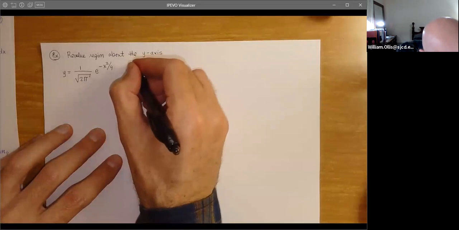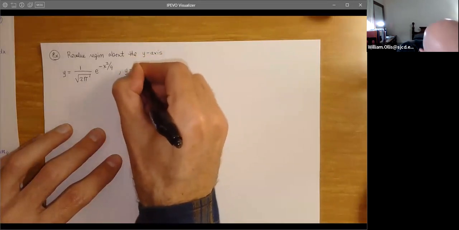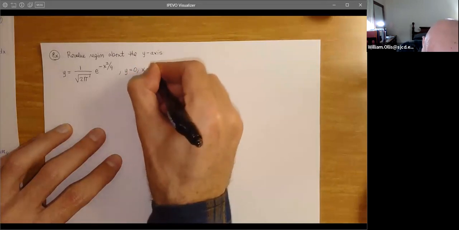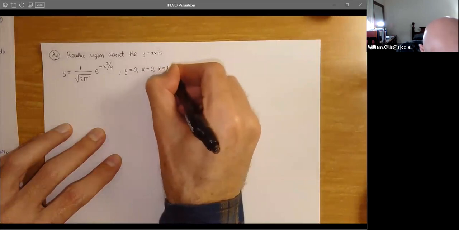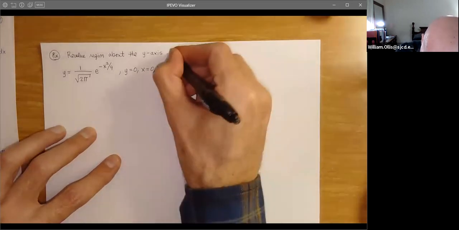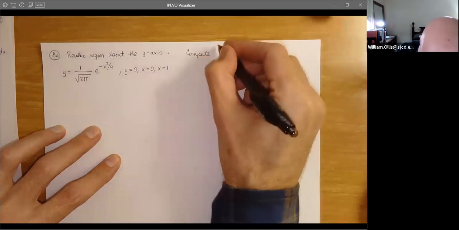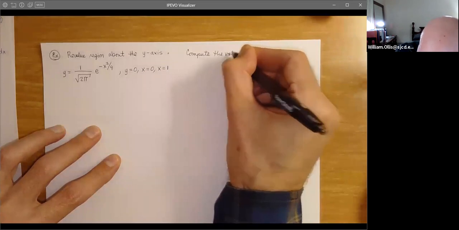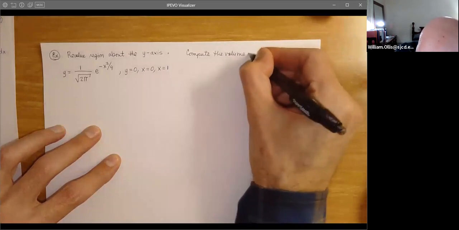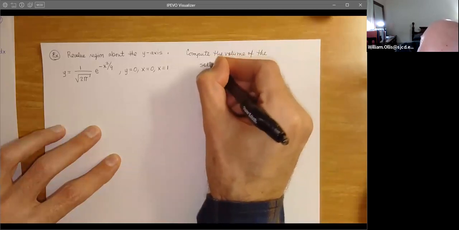And then we have the x-axis, we have the y-axis, and we have the vertical line x equals 1. And then it says compute the volume of the solid of revolution.